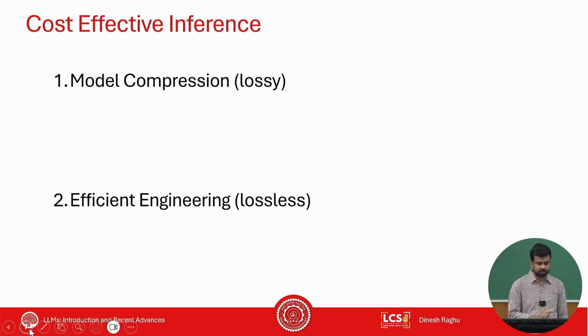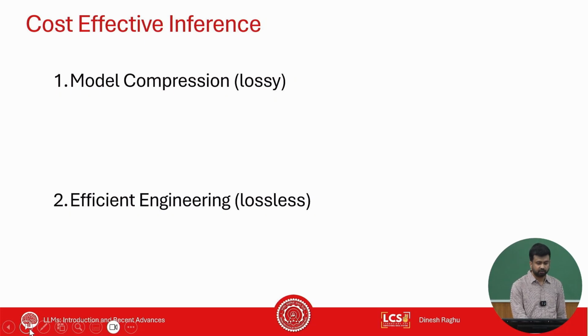So I can give you some examples of efficient engineering. One of the most common operations that you do in transformer inference is scaled dot product. You have the key vector, you have the value vector, you have to compute a dot product, then you have to scale it up or scale it down, and then you have to do a softmax.